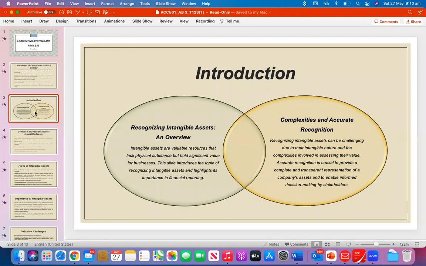And the other, we have complexities and accurate recognition. Recognizing intangible assets can be challenging due to their intangible nature and the complexities involved in assessing their value. Accurate recognition is crucial to provide a complete and transparent representation of a company's assets and to enable informed decision making by stakeholders.